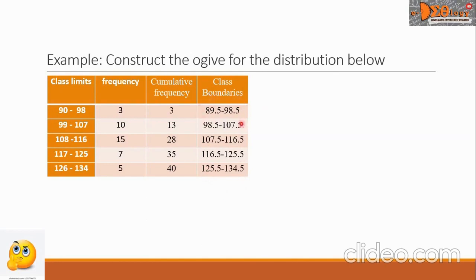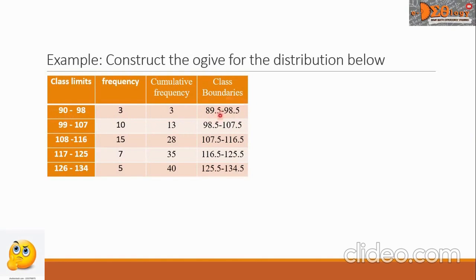Let us consider the first class boundaries corresponding to the first class. The lower class boundary is 89.5. We can get this value from the lower limit here, which is 90, that is minus 0.5. So we get here 89.5.